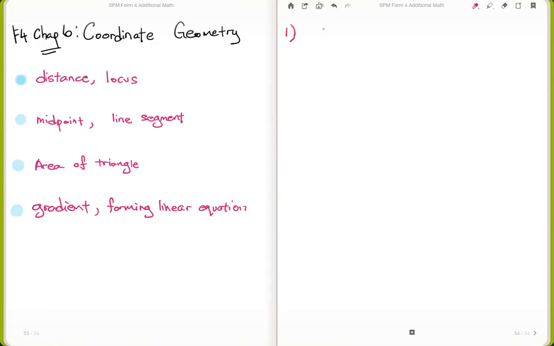and forming of equation. So for distance A and B, if you're given two coordinates, the distance of A and B. Now imagine in a Cartesian coordinate system, this is my positive x direction and going up would be my positive y direction. The intersection is 0.